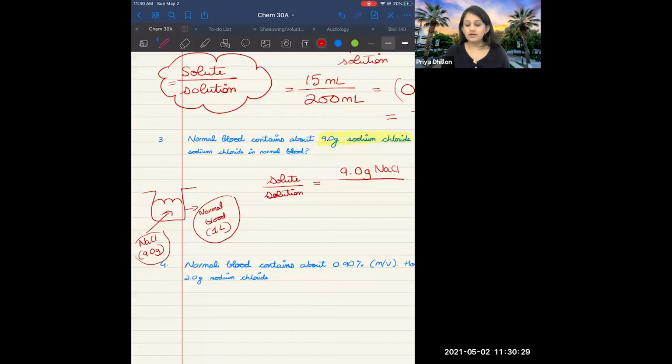And what is my solution? They said we have 1 liter, so we're going to have to convert it into milliliters. So what would it be?